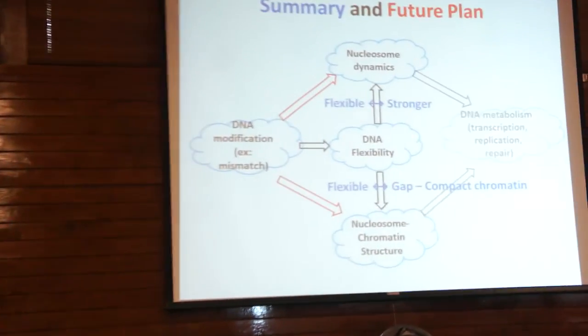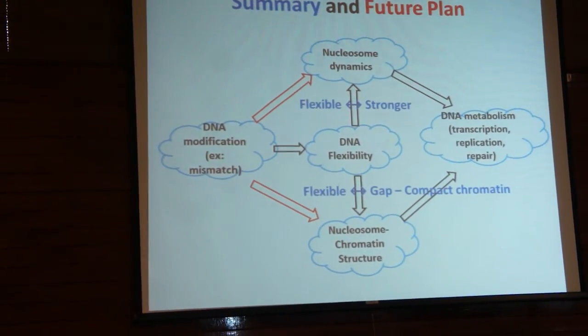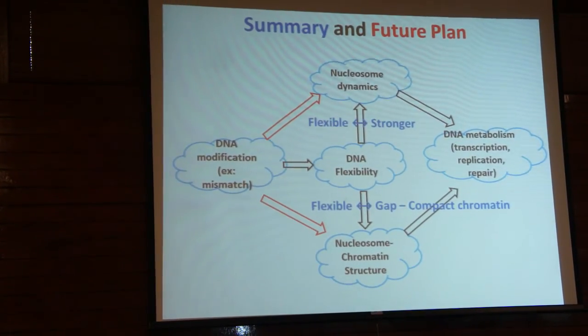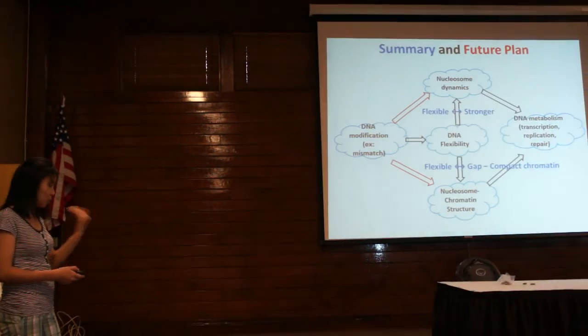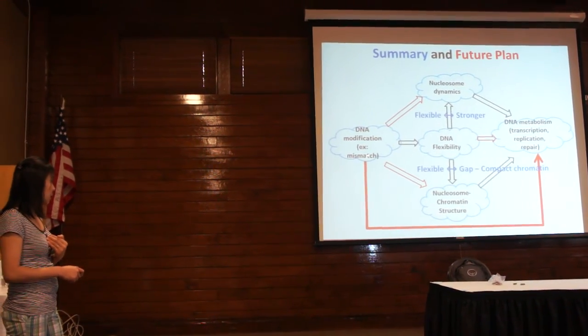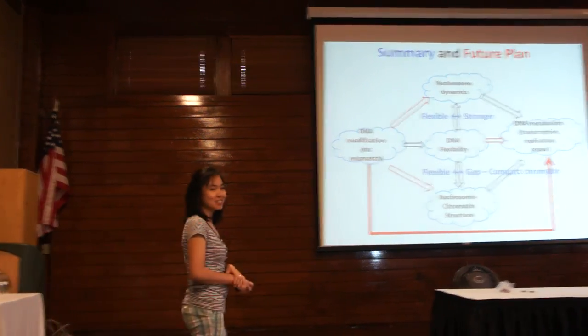Another thing we know is that nucleosome dynamics and structure will definitely affect any DNA-involved process, for example transcription, replication, or repair. So what I want to move on to is to study how modification on DNA will affect these processes. Okay? I hope that is clear.